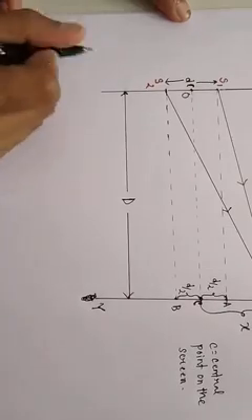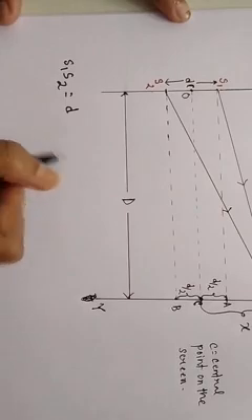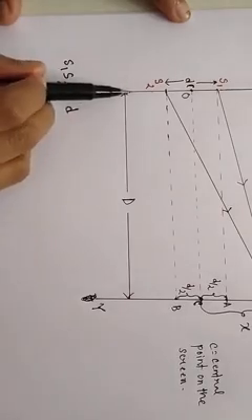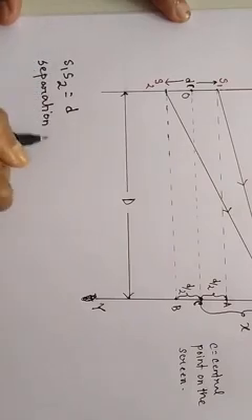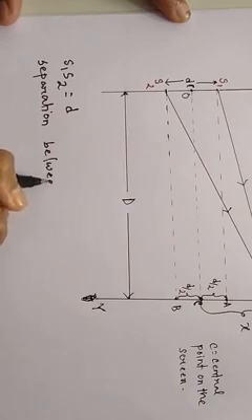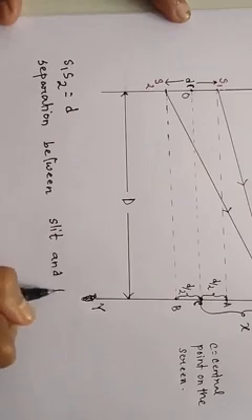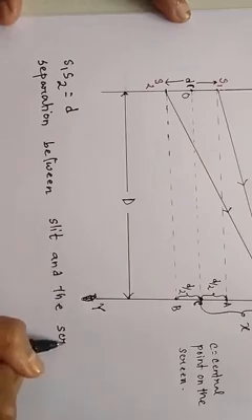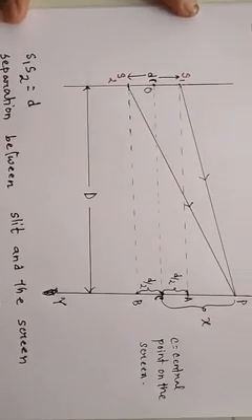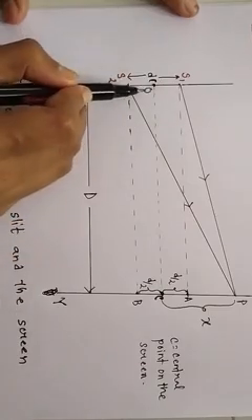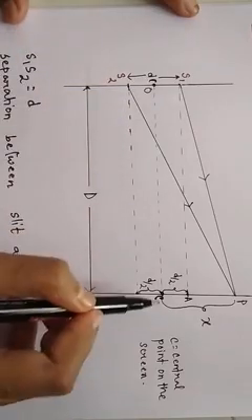So we can write S1S2 is small d. The separation between the slits and the screen: this point is O, the midpoint between the two slits, and C is the center of the screen.